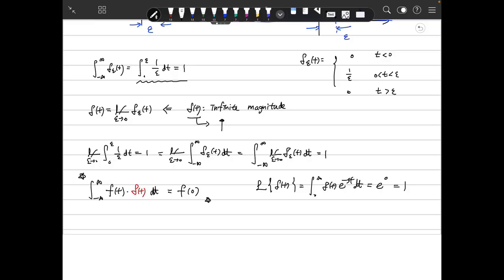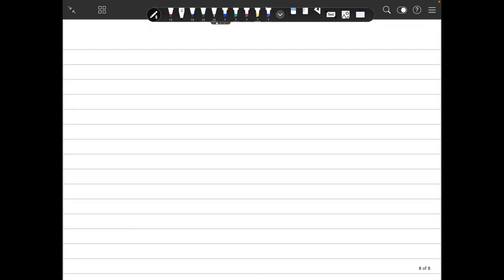So based on delta t, we will consider the time delay in the Laplace transform.